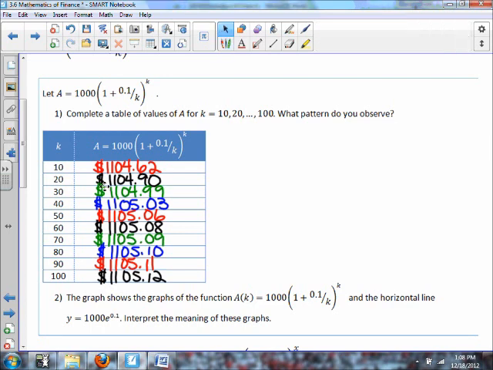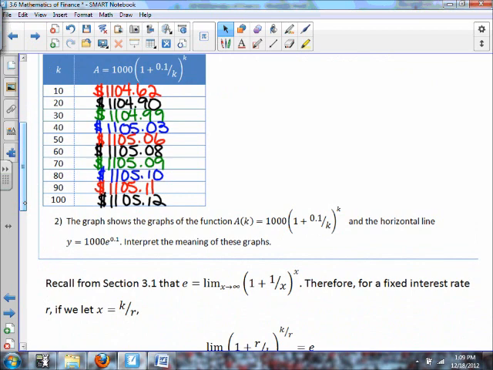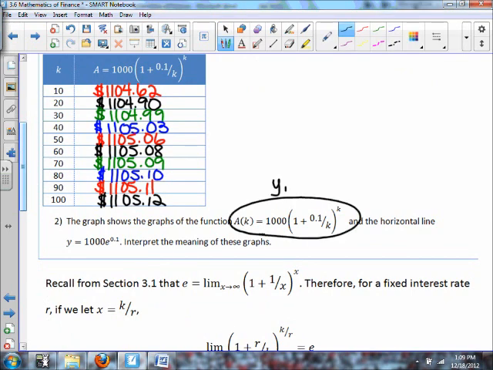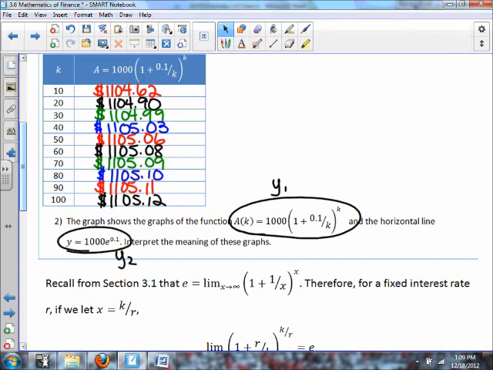Now, what I'd like you to do, after you figure out this chart, is put this into Y1. Please put this into Y2.